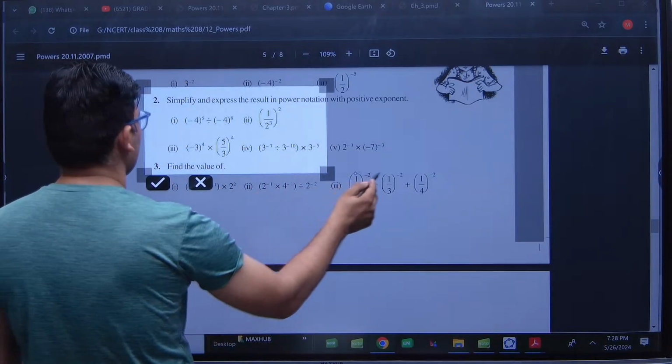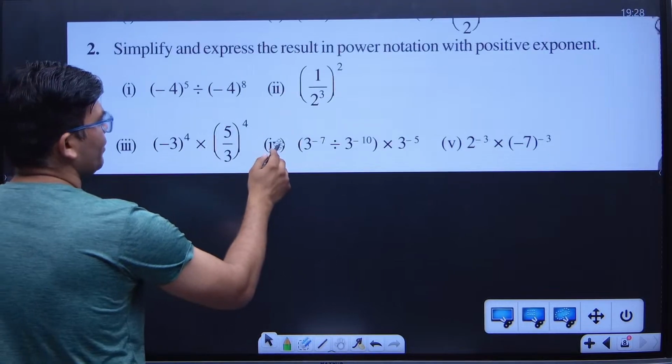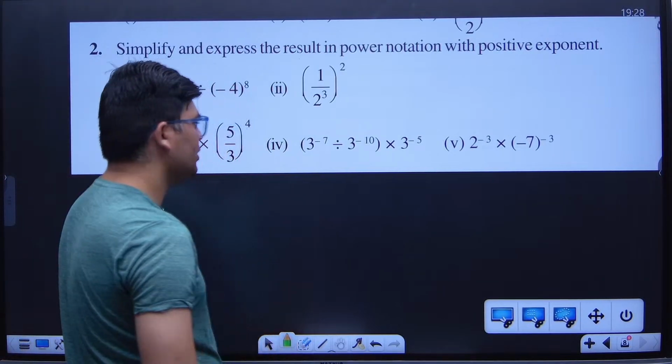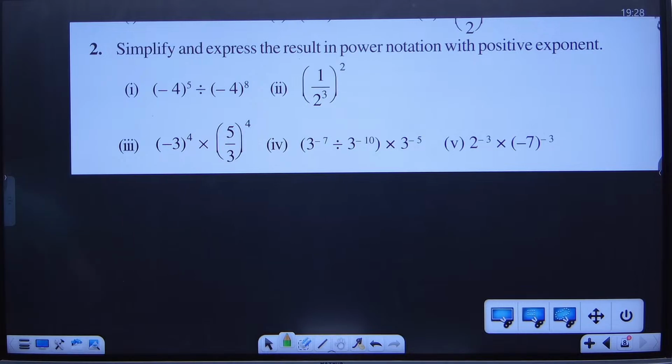Now the question is asking you to simplify and express the result in the power notation with the positive exponent. It means you can't use the negative exponents. Tell me. Simplify and express.